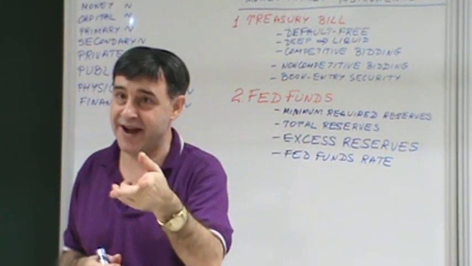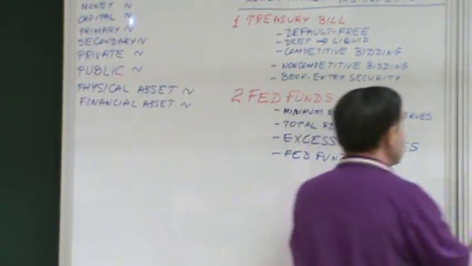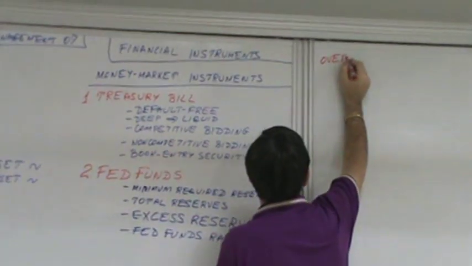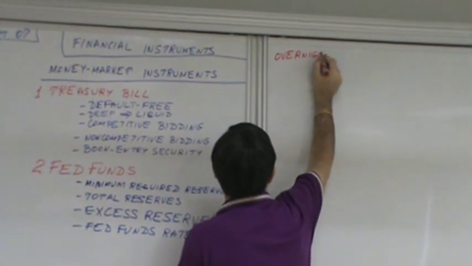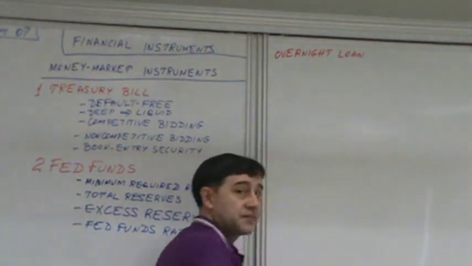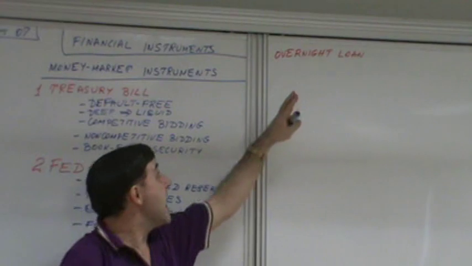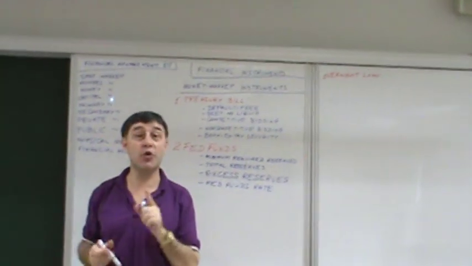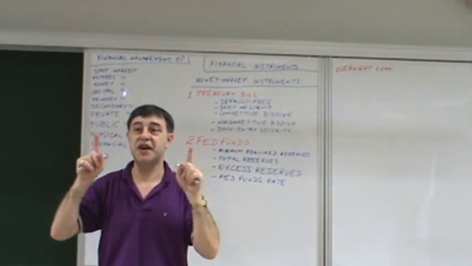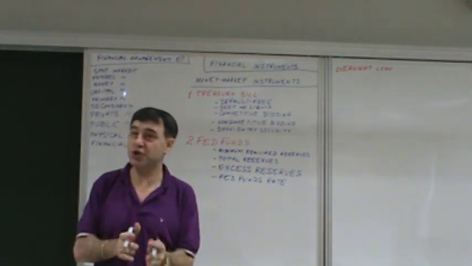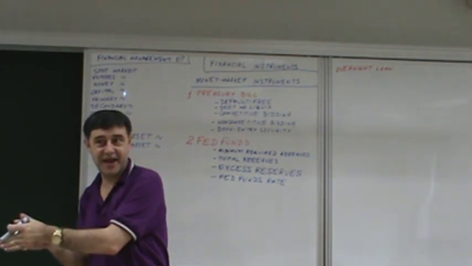Okay, overnight. Let's write this out separately in red. An overnight loan is simply a loan which matures in one day, a different way of saying which matures on the next day.